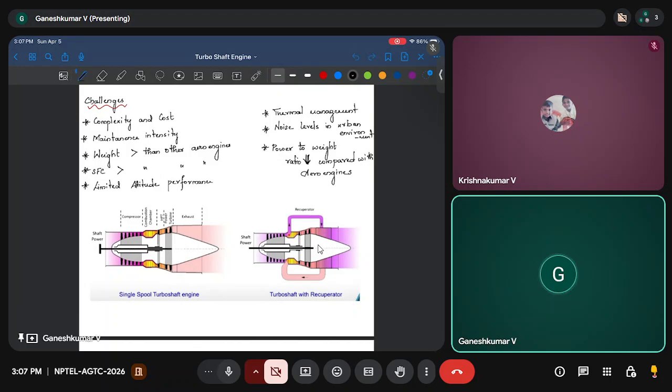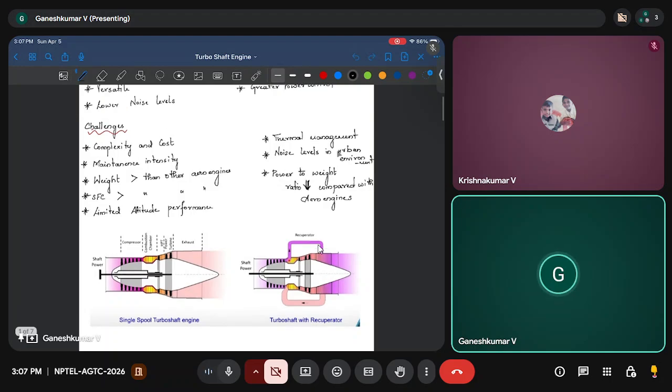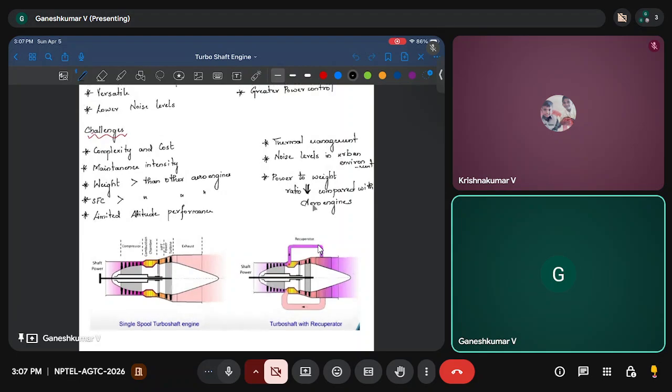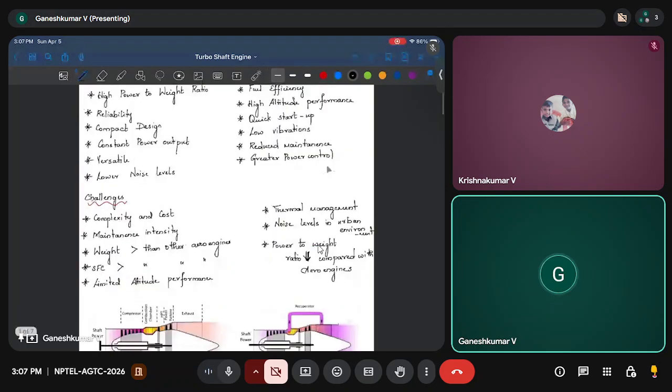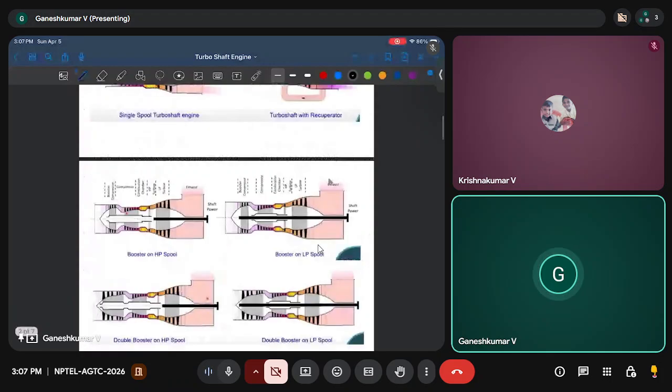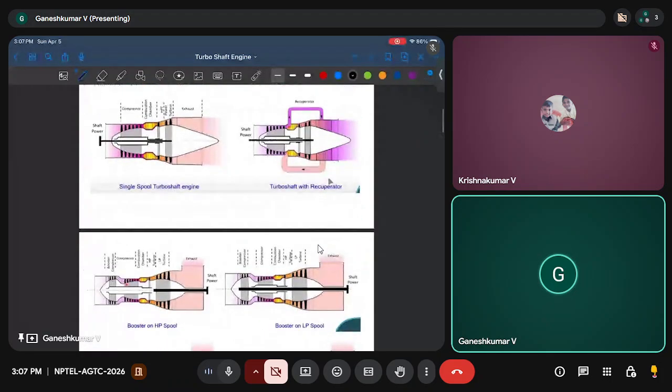For example, compared to thrust producing engines, the turboshaft engine's weight is higher for the same class. Specific fuel consumption is higher, thermal management you have to do, noise levels are there. So all these are challenges when compared with gas turbine cycles in general, but it is offering better advantages than IC engines.